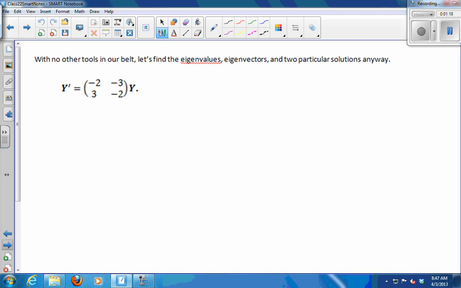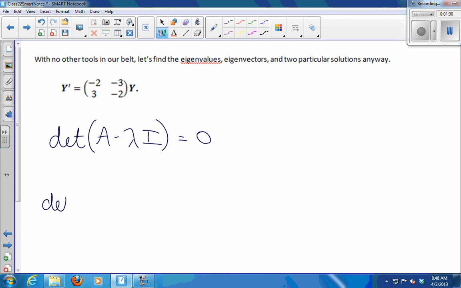Okay, so eigenvalues, we find those by taking the determinant of A minus lambda I equal to 0. So we want the determinant of negative 2 minus lambda, negative 3, 3, negative 2 minus lambda equal to 0.